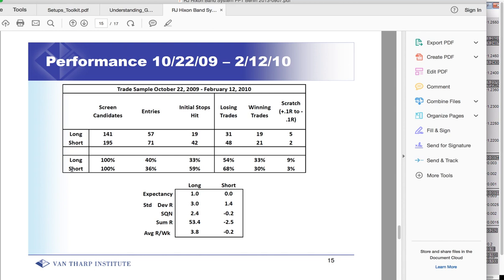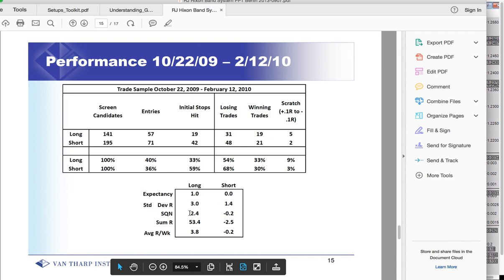Okay, and the reason I know it's wrong is I've tested it, but also the vast majority of trend following CTAs running hundreds of billions of dollars, they completely switch off the short side of equities, and a lot of them don't trade the short side at all. Okay, so his expectancy per trade on the long side, even with a 33% win rate, his wins are so much bigger than his losers that he's got an expectancy of 1.0 per trade, which is 5 times the benchmark for a minimum tradable system.